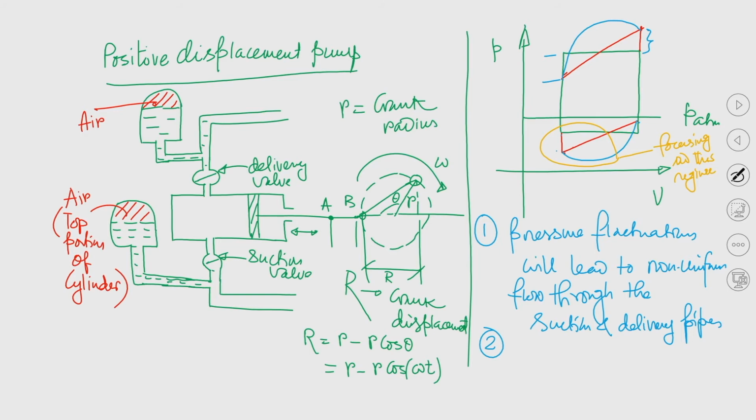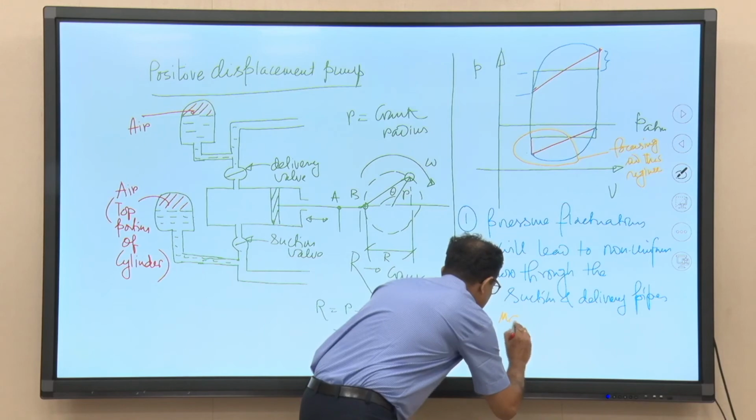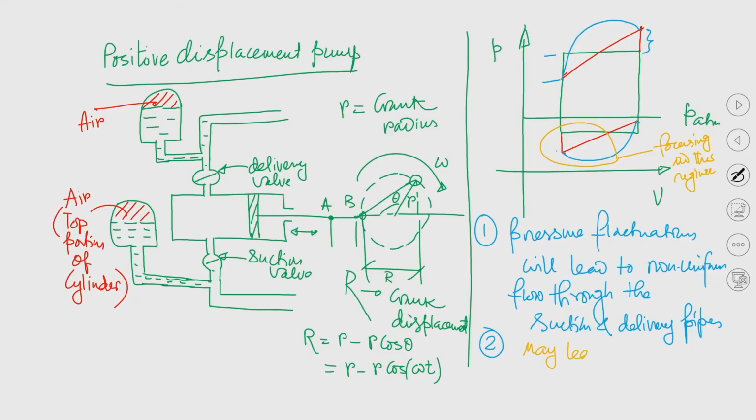So, this pressure fluctuation may lead to flow separation or cavitation in the suction line. Okay, so this is very important.